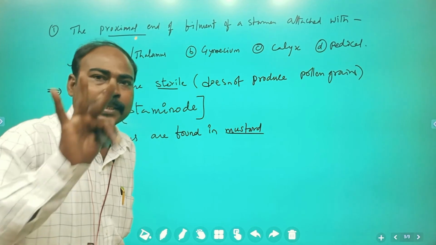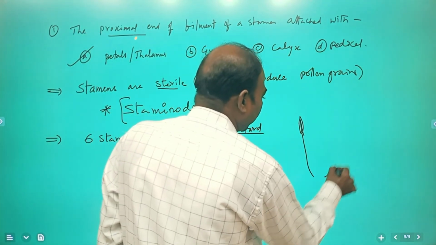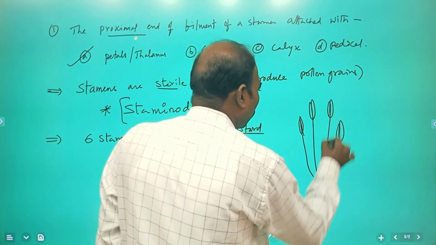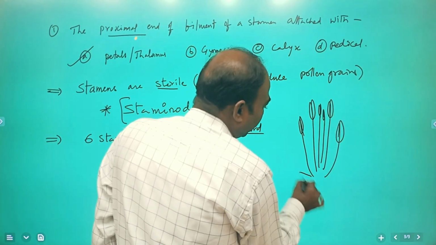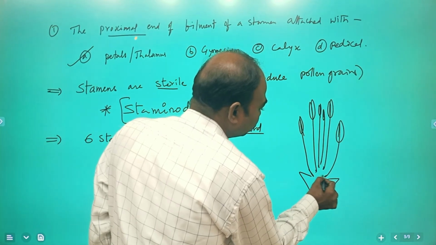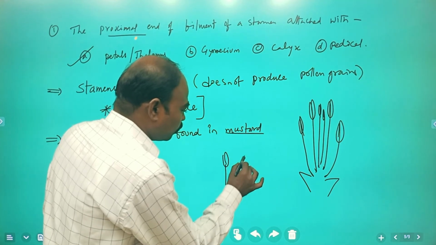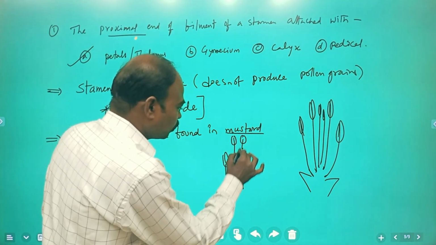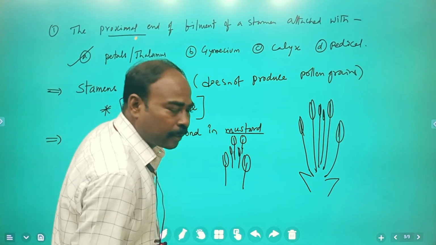Each and every stamen, that is 1, 2, 3, 4, 5, 6, is free from one another, individually, without any union.